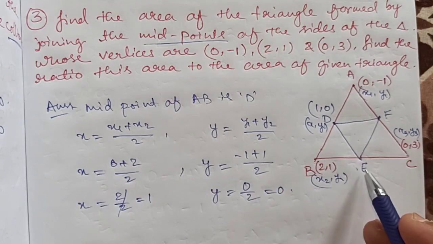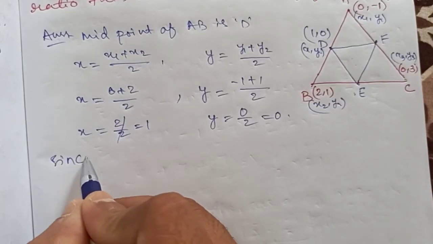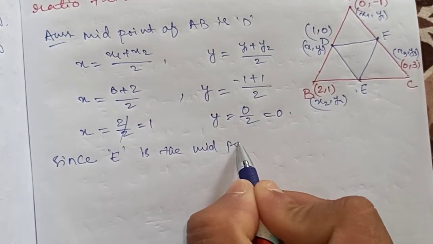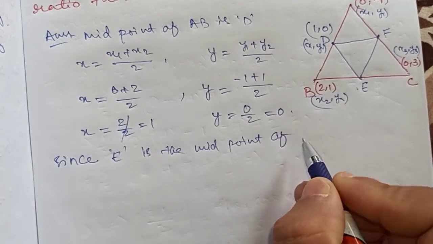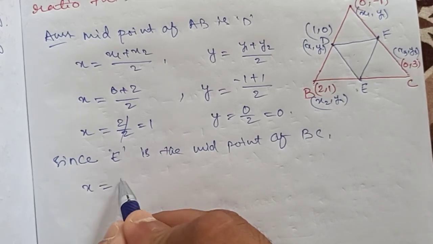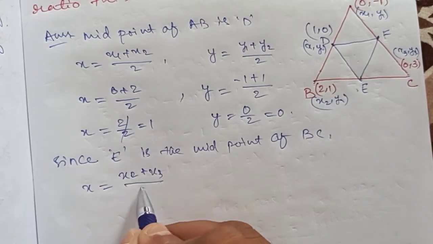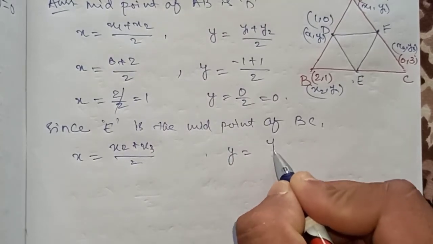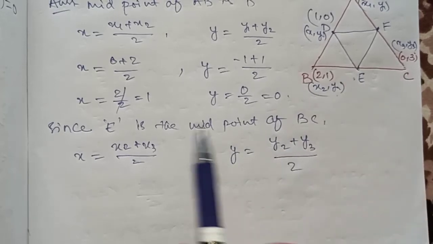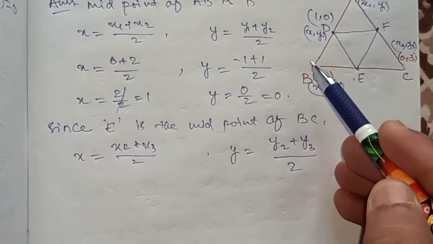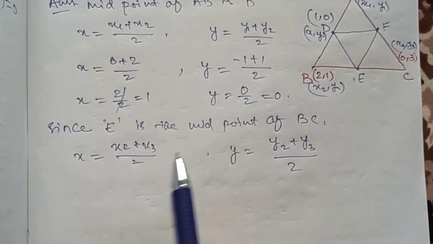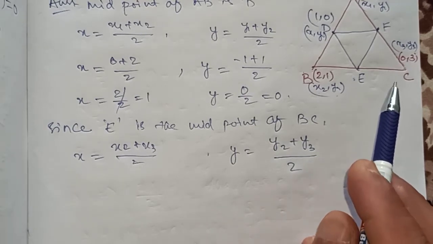Okay. Similarly we have to find the coordinate of E, since E is the midpoint of BC. x equals x2 plus x3 by 2 and y equals y2 plus y3 by 2. Okay, as we were writing the formula x1 plus x2 by 2 because those 2 points are x1 and x2, but as these 2 points are x2 and x3, I will write here x2 plus x3 by 2 and y2 plus y3 by 2 according to the midpoint formula.